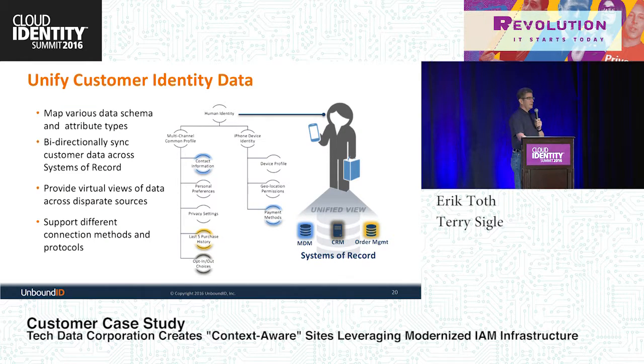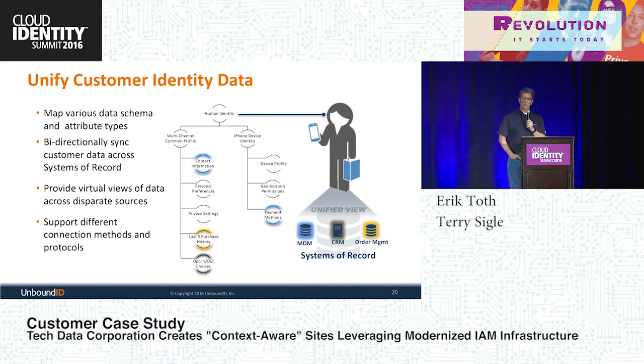So some of the things that we see is first unifying customer identity data. If you're familiar with a traditional LDAP directory, or directories in general, you're familiar with a pretty rigid schema, a schema that has attributes and attribute types. In this case here, you see a profile. It's much more than just user ID and credentials.